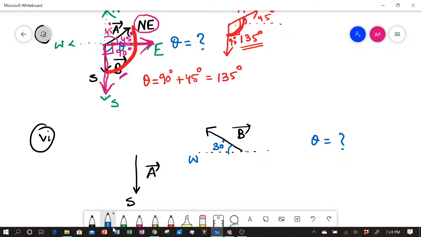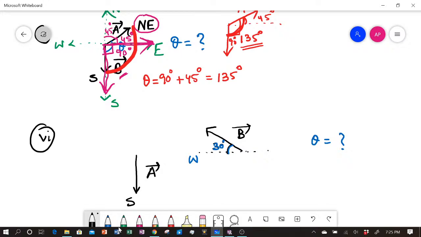If A vector is along south and B vector is 30 degree from west. Okay, your answer is 120 degree. Ravi Shankar's answer is 120 degree and Vicky's answer is 120 degree.